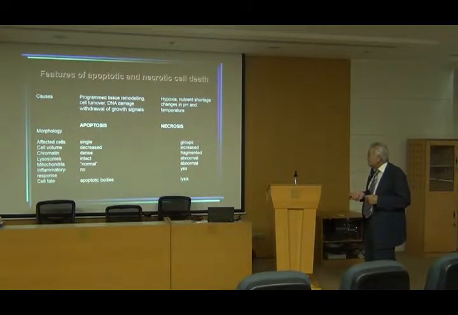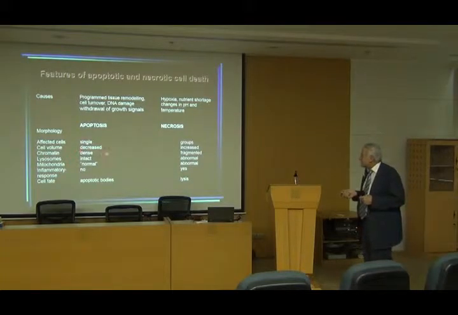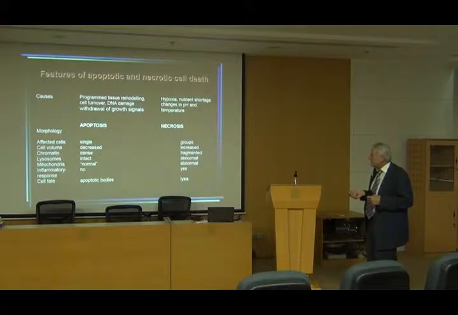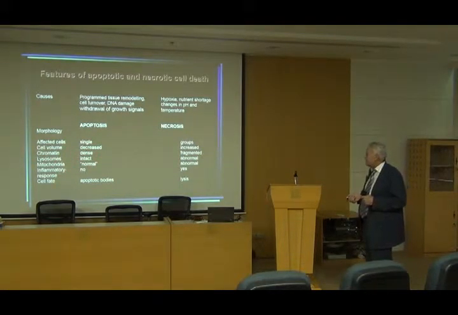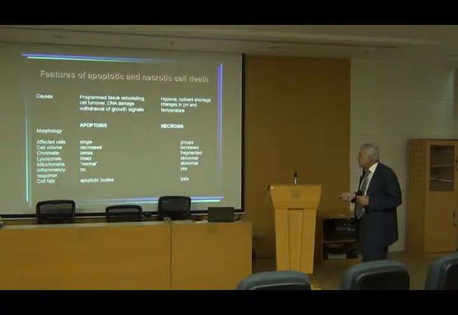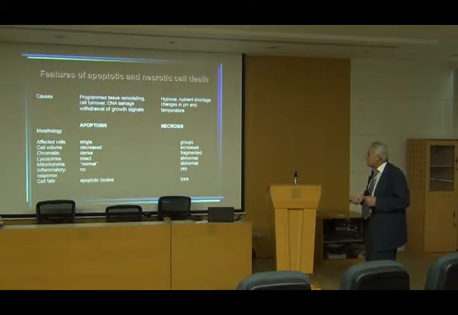Affected cells are single, the cell volume decreases, the chromatin is more dense, lysosomes are intact, mitochondria are normal, and there is no inflammatory response, and the result is apoptotic bodies.